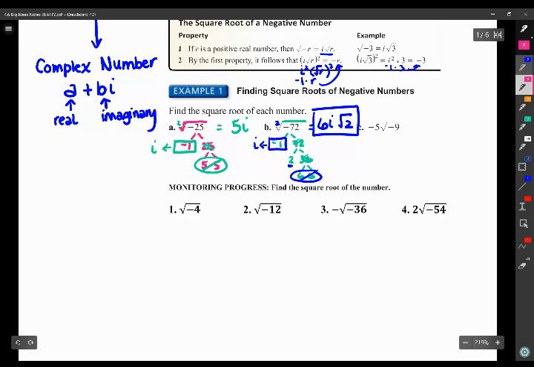And so this is my answer. And then our last one, we've got the -5 that's already out there, which is going to stay there. Actually, we'll just leave it for a minute. We're going to take the square root of the -9, which is going to be -1 times 9. And then this is 3 times 3. And then we're looking for a pair just like before.